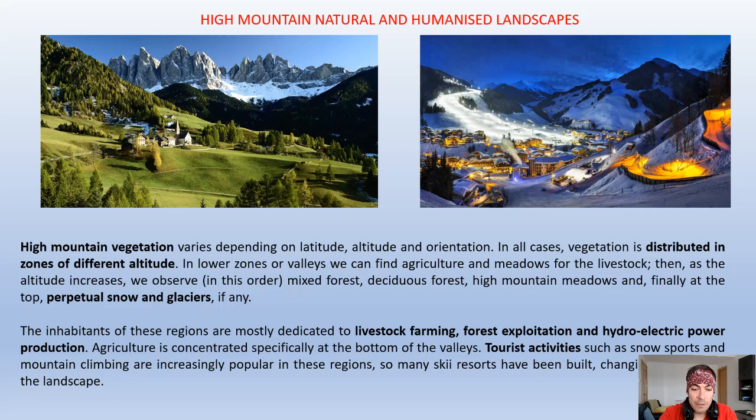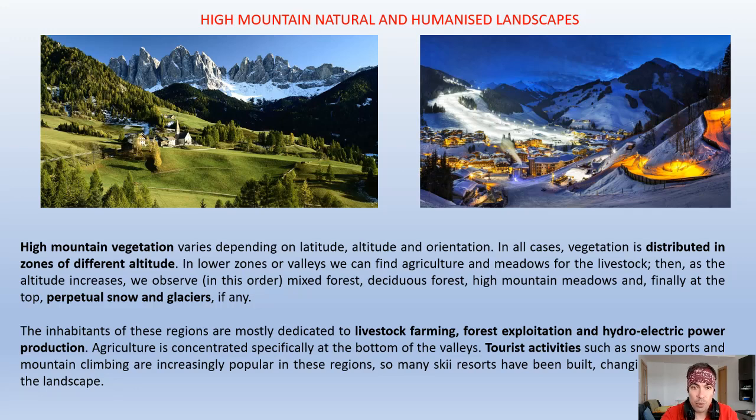So the inhabitants of these regions are mostly dedicated to livestock farming, to forest exploitation, for example the cutting, and hydroelectric power production. Since they are very steep areas, they can take advantage of this and produce electricity with dams and reservoirs.